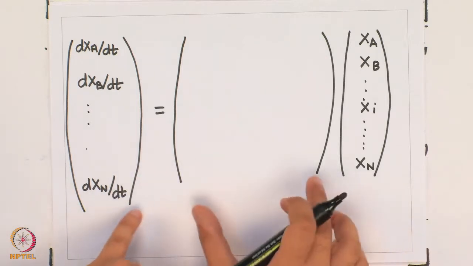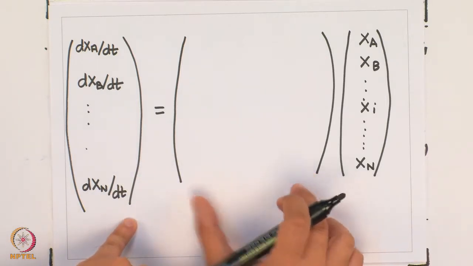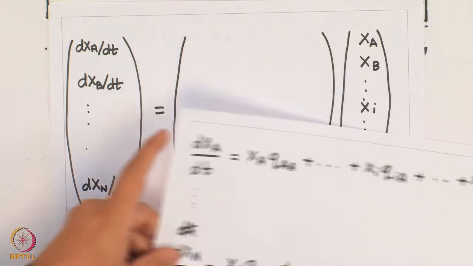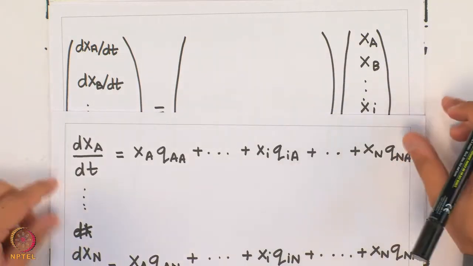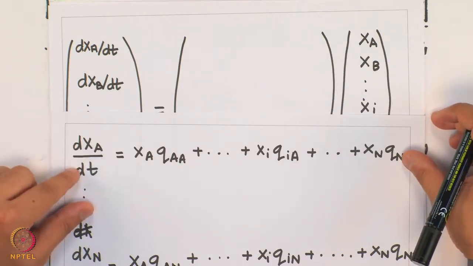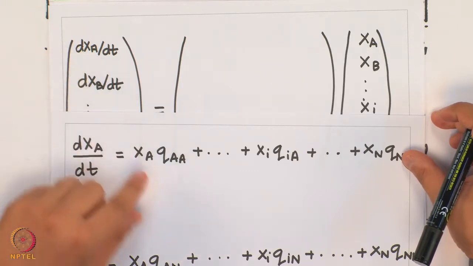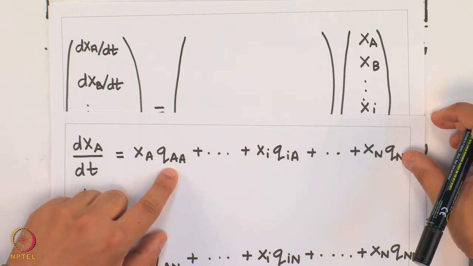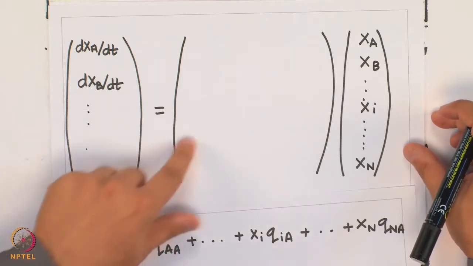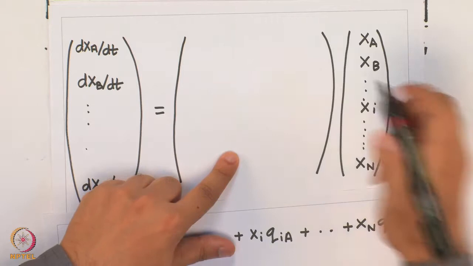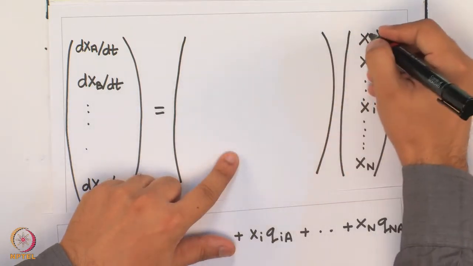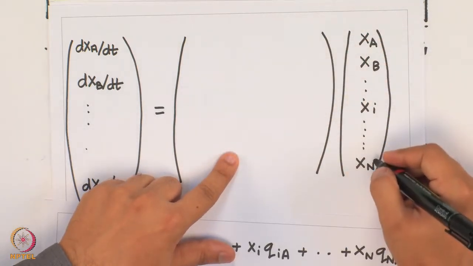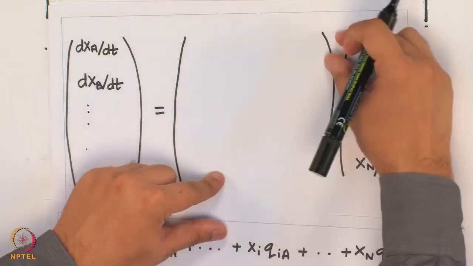Now what I want to do is find the elements of this matrix. Let me look at my first equation. My first equation is dxA by dt, which is this entry, and the first term is that xA gets multiplied with qAA. Remember that when a matrix is multiplied with a vector, the first row multiplies with the column vector, and that gives me the first entry here.